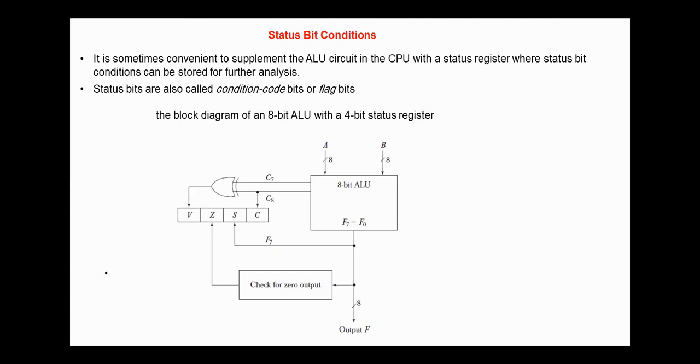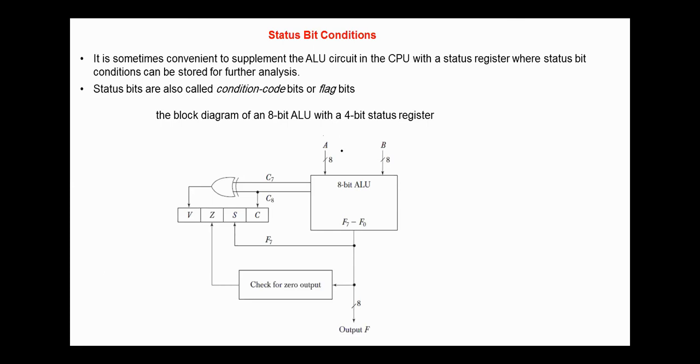It is sometimes convenient to supplement the arithmetic logic unit circuit in the CPU with a status register where status bits conditions can be stored for further analysis. This is the block diagram of an 8-bit arithmetic logic unit with a 4-bit status register.